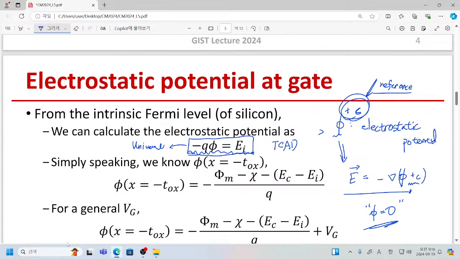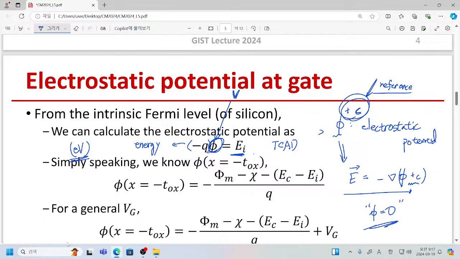Let me explain a little bit further. This is the electrostatic potential, and by multiplying by minus q, the elementary charge, we can convert it to an energy variable. Previously it was in units of volts, and now by multiplying by minus q, we convert it to an energy quantity in eV, and this energy represents the E sub i quantity.